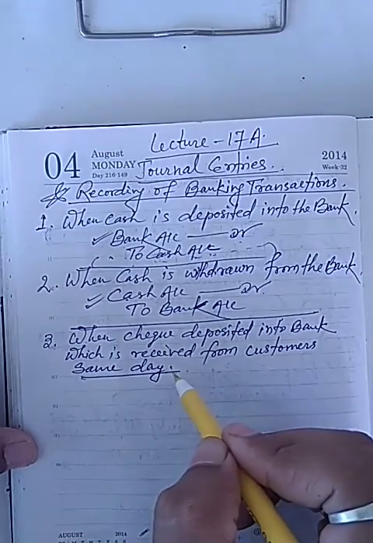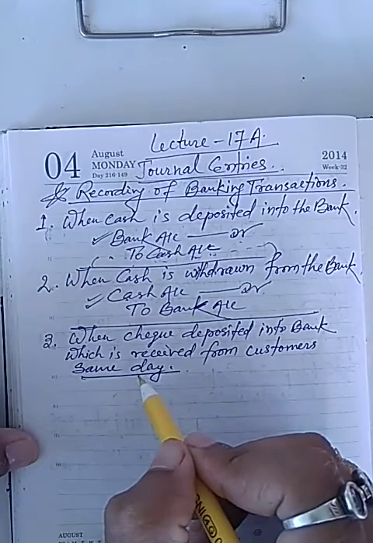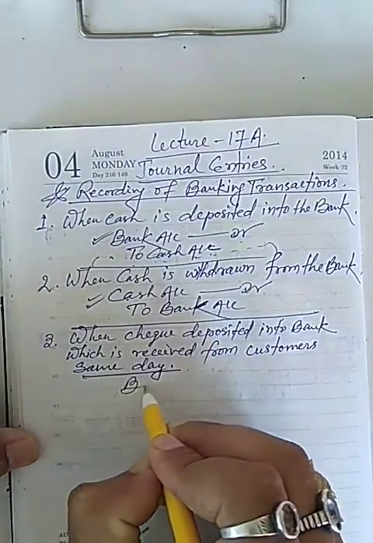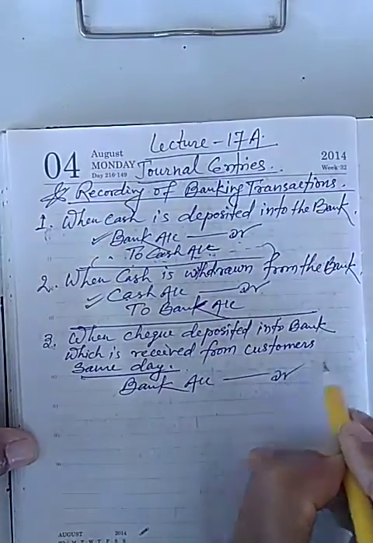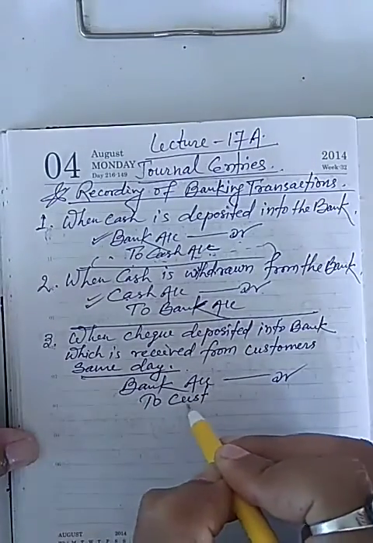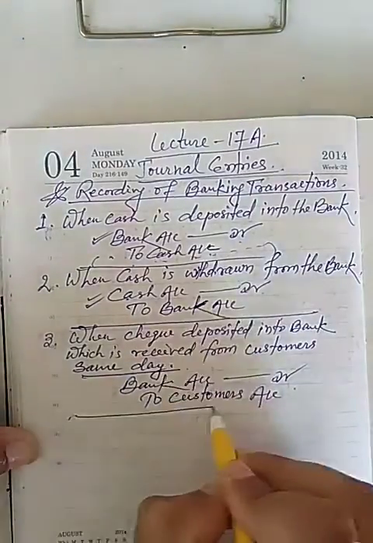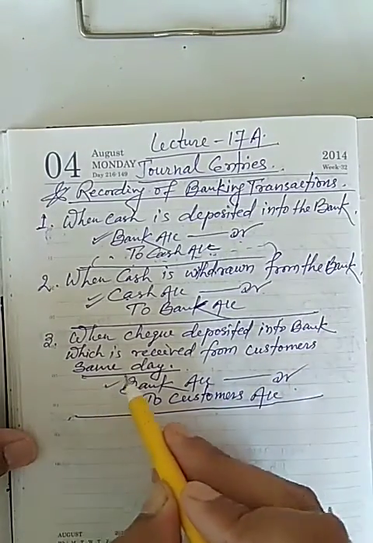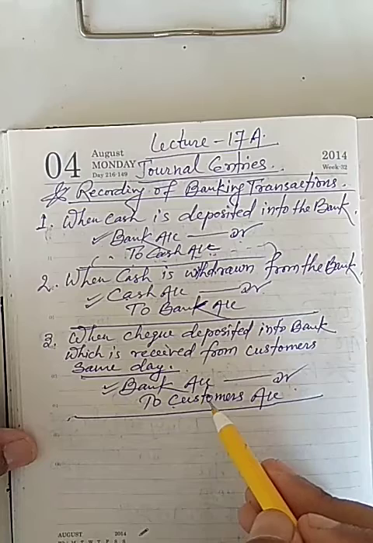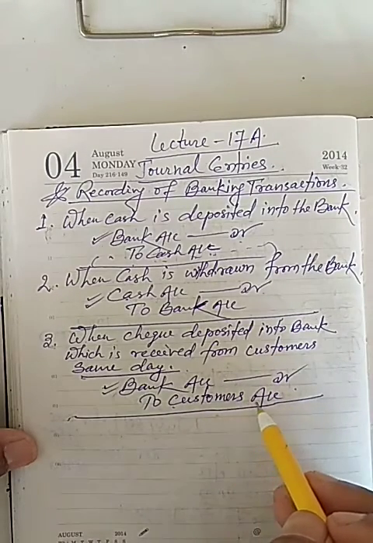Check received, suppose today, from a customer, and only today deposit into bank, then journal entry will be bank account DR to customer's personal account, means customer name, customer's account, because bank is receiver and customer is giver, and check deposited in my account, so I will write bank account DR to customer's personal account.